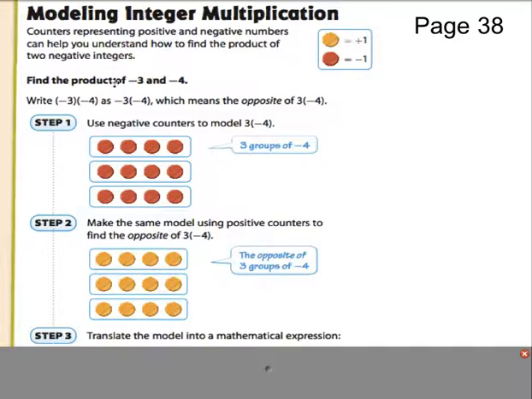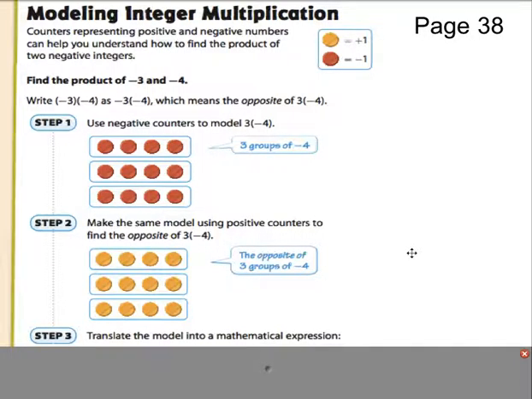Find the product of negative 3 and negative 4. Write negative 3 times negative 4 as the opposite of 3 times negative 4. Step 1. Use negative counters to model 3 times negative 4. So we have 3 groups here, 3 groups with 4 counters that are negative.